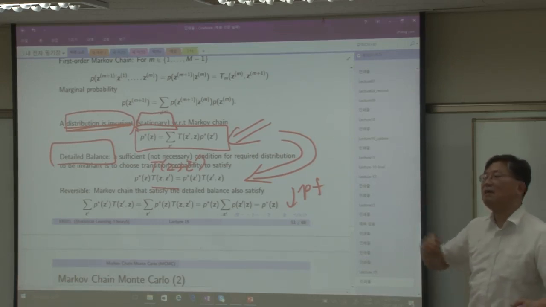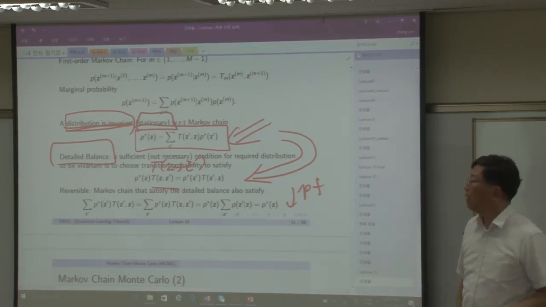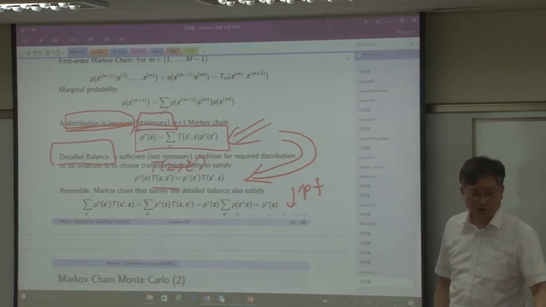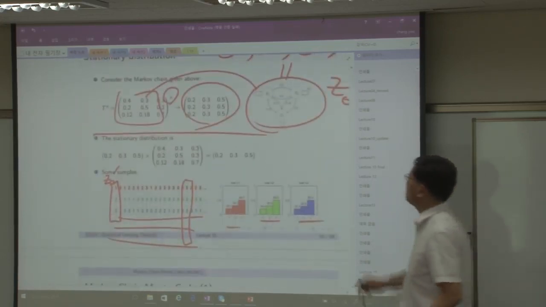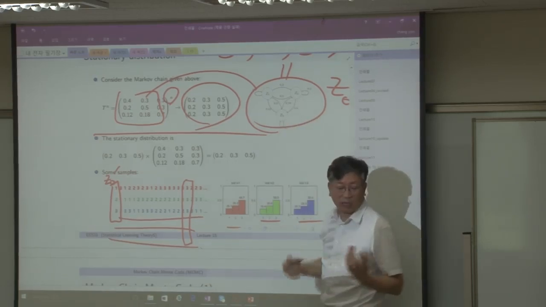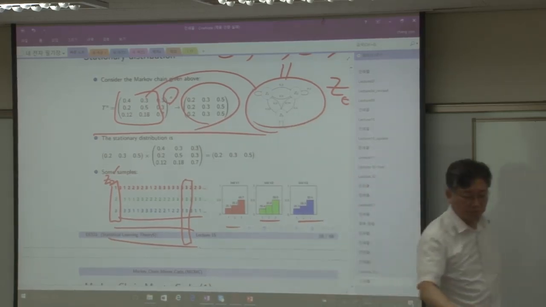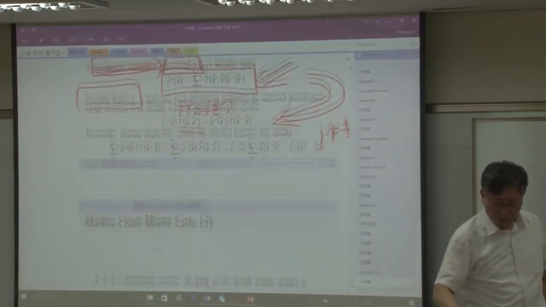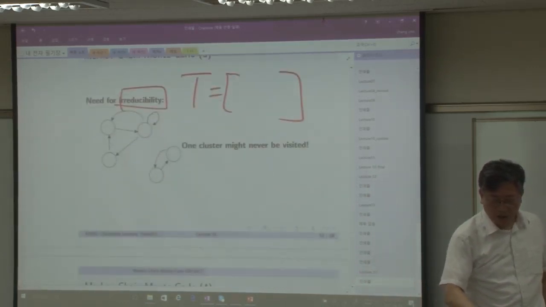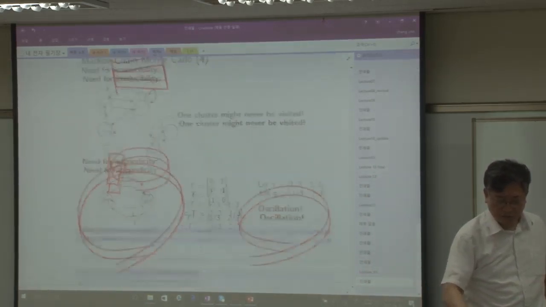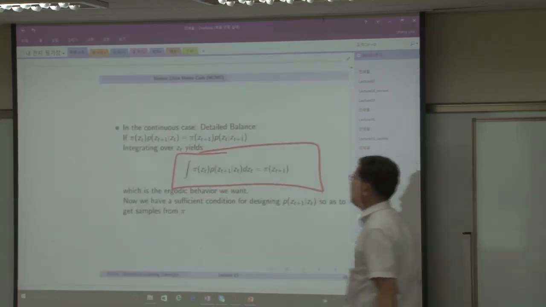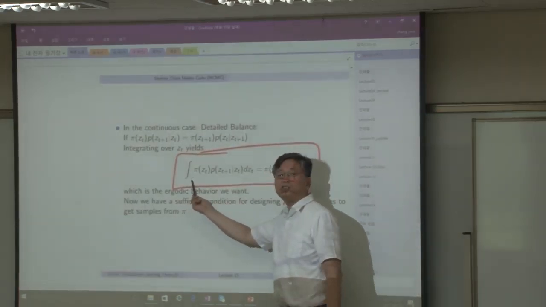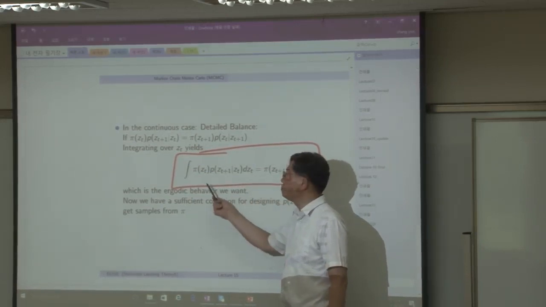We looked at cases with a finite number of states. There were only 1, 2, and 3, right? Here, there's 5. If we consider an infinite number of states, then the summation turns into an integral, right?